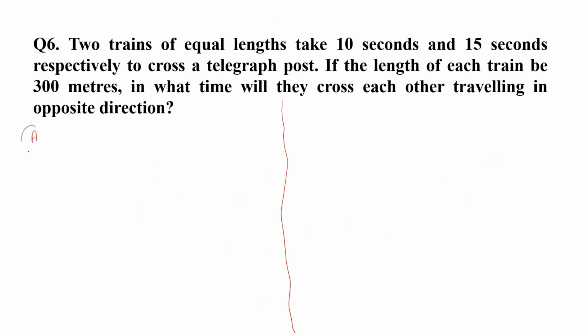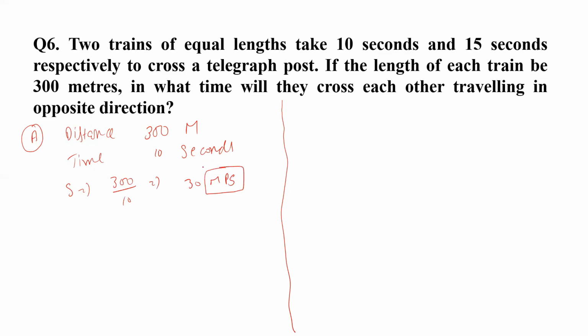First I shall talk about the speed of train A. The distance is 300 meters, and the time is 10 seconds. We are not supposed to make any change in denominations. So this is 300 divided by 10, and that comes out to be 30 meters per second.